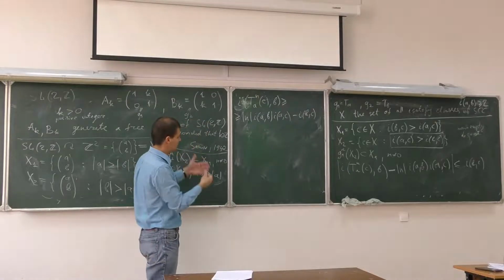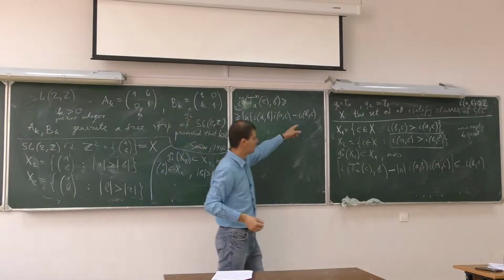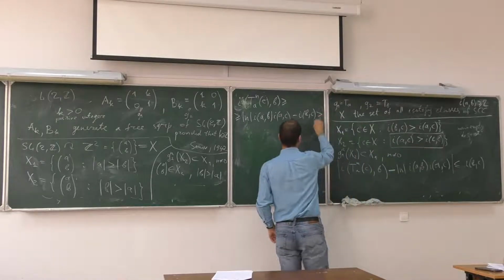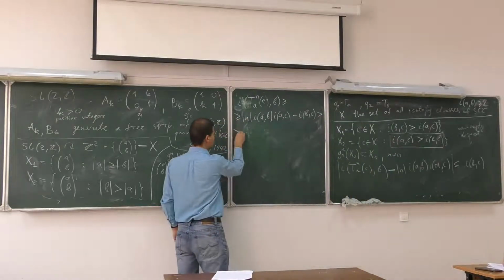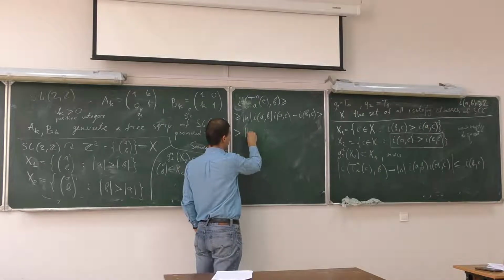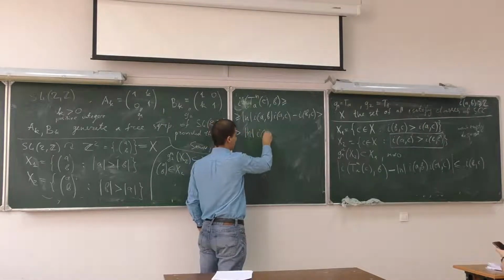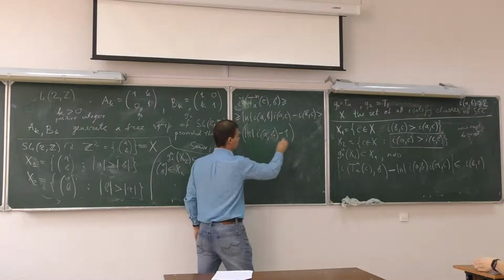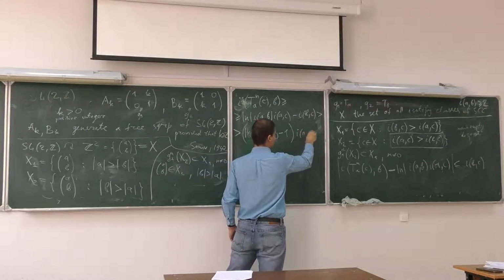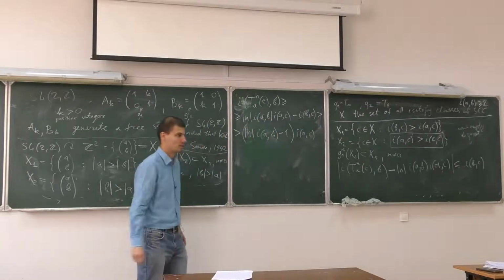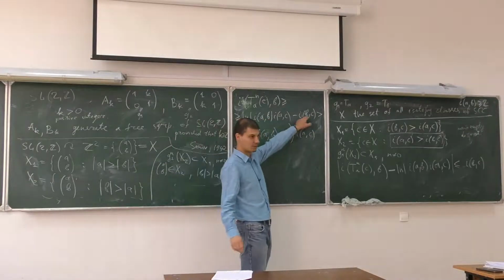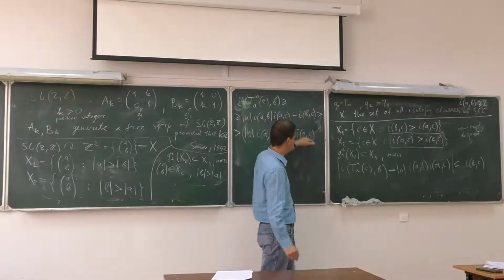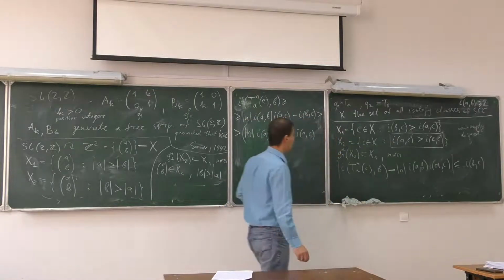As in the case of matrices, we use now this inequality, and we get that this is strictly greater than modulo n times I of AB minus 1, I of AC. So we may replace this I of BC by I of AC, and the value will decrease.